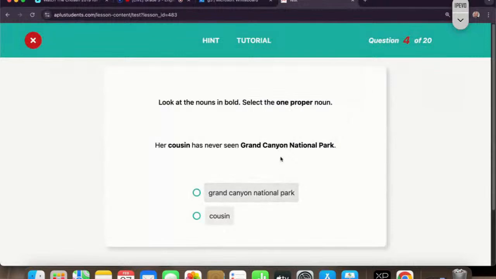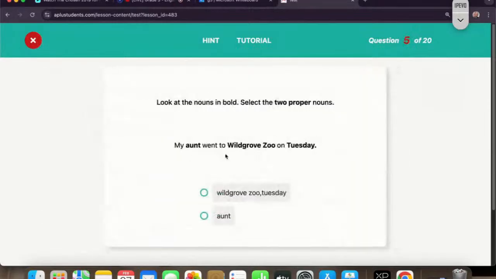Alright, so we have the Grand Canyon National Park. Then my aunts went to Wild Grove Zoo on Tuesday. What are the two proper nouns?